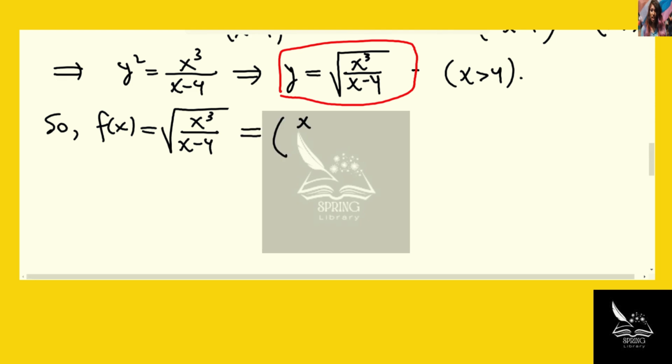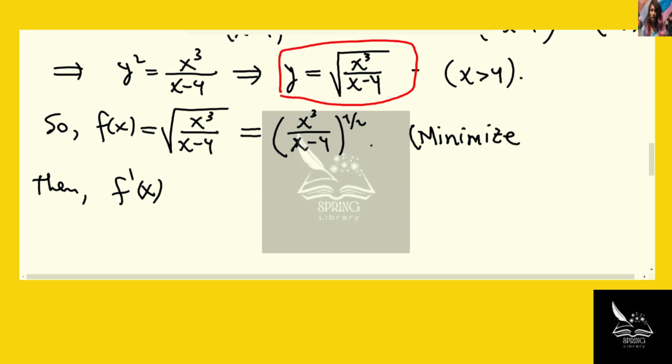Let's write it as x cubed over x minus 4 to the 1/2. Here I'm going to write that the goal is to minimize f of x.